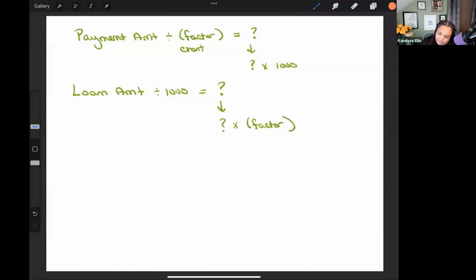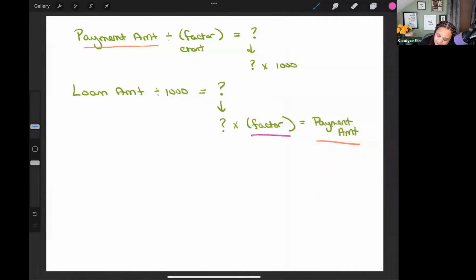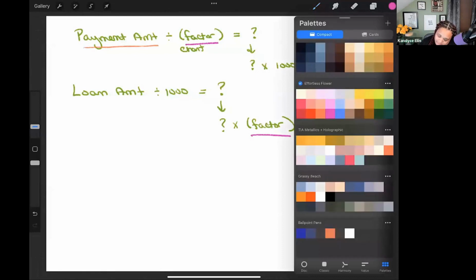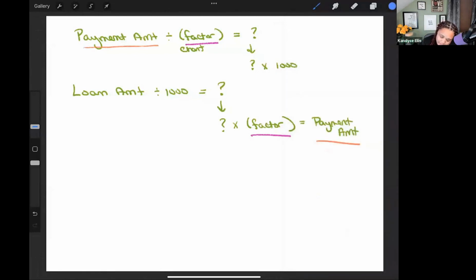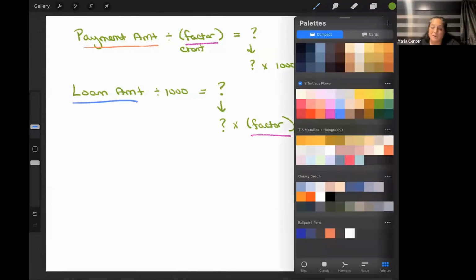You have a payment amount, a factor, and a loan amount, and it's divided or multiplied depending on what they're asking you for.